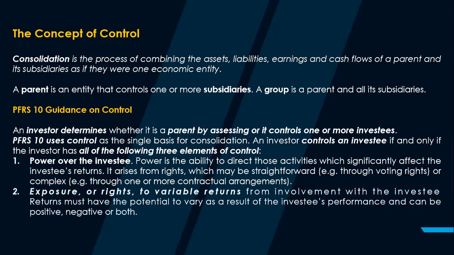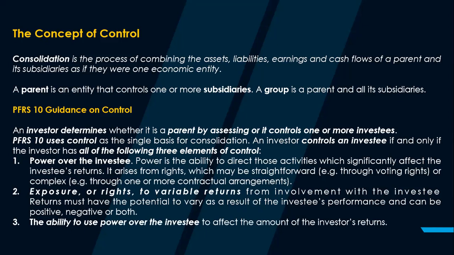Two, exposure or rights to variable returns from involvement with the investee. Returns must have the potential to vary as a result of the investee's performance and can be positive, negative, or both. Three, the ability to use power over the investee to affect the amount of the investor's returns.